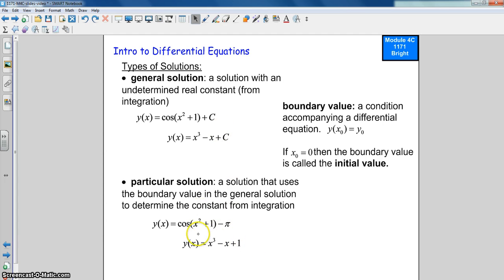Okay, in either way, the particular solution should not contain any undetermined constants. Okay, basic introduction to differential equations. In the next video, we will discuss one technique that we will focus on in this module to determine these solutions to differential equations.